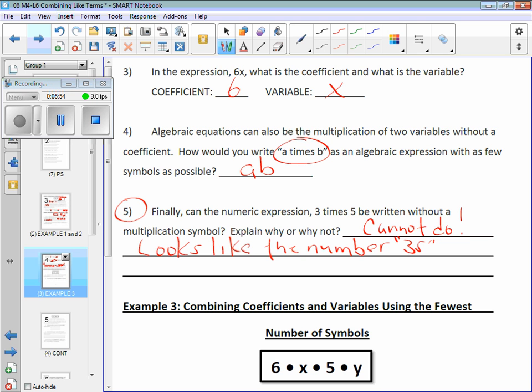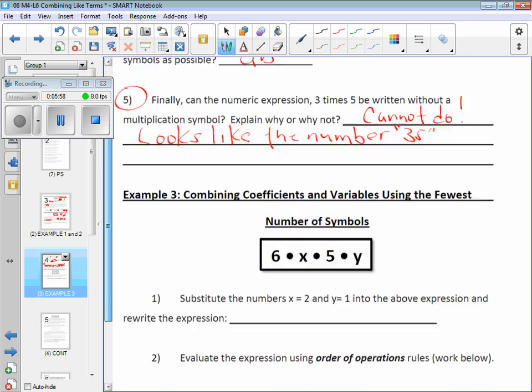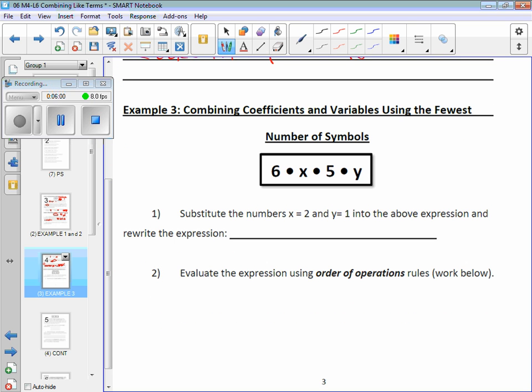All right. Ready to take the next leap? Okay. Take a look at this expression. 6 times x times 5 times y. I'm going to evaluate this expression, and I'm going to tell you that x is 2 and y is 1. First thing you have to do, always, always, always, is what?